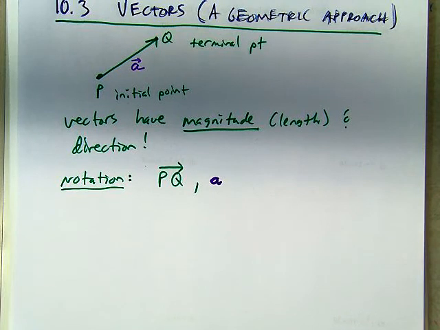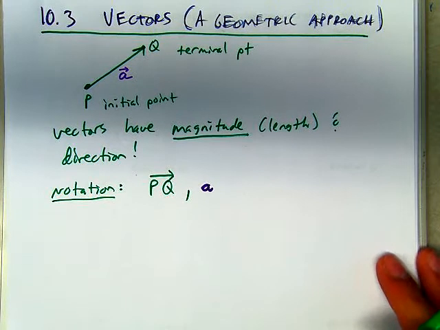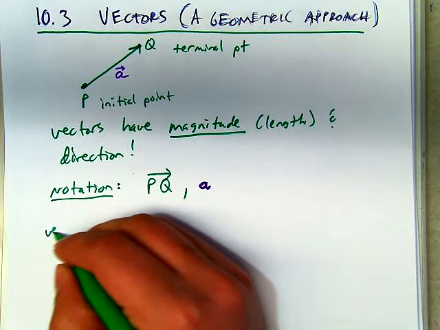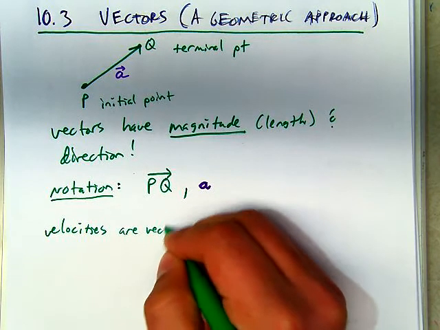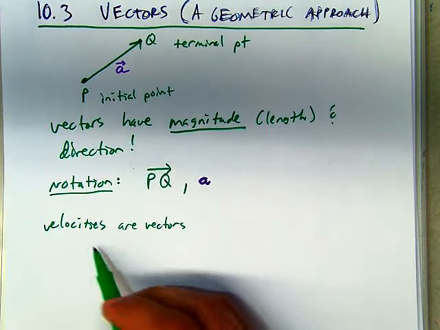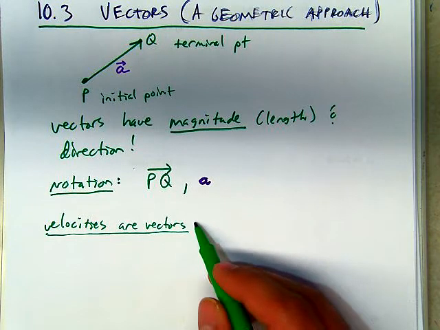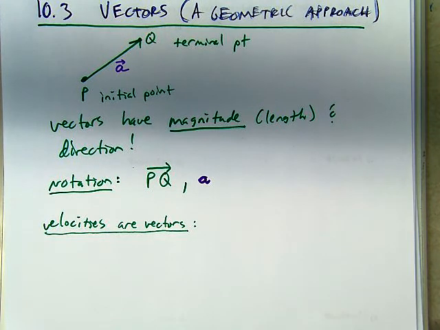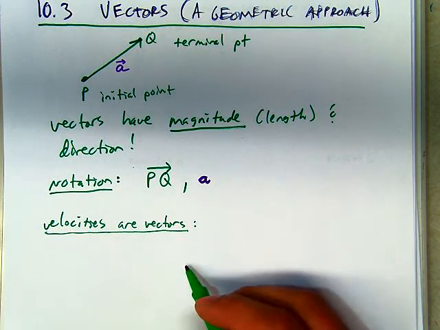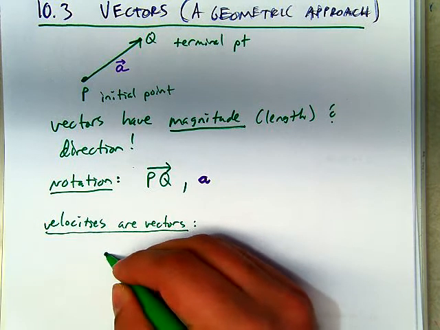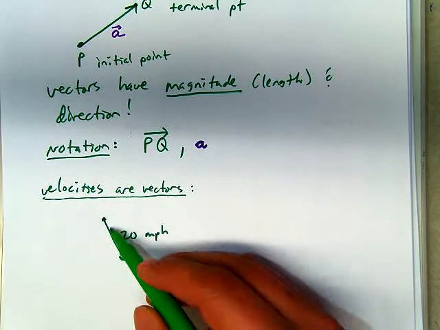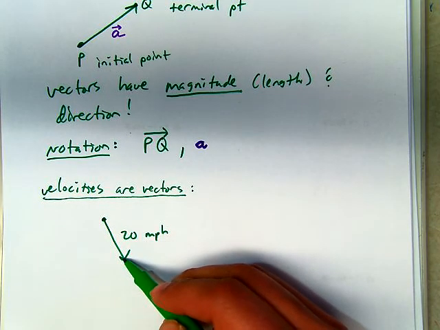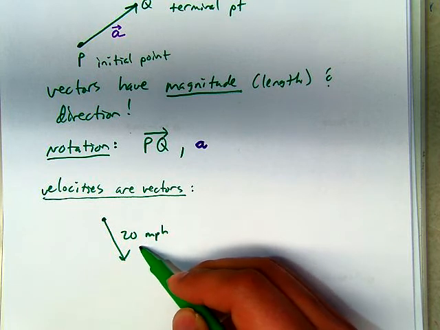Now, some examples in the real world of vectors: velocities are vectors. So for example, when you watch the weather report and you hear that there's a 20-mile-an-hour wind from the northwest, that means that there's actually a wind that's coming from the northwest direction towards us at 20 miles an hour.